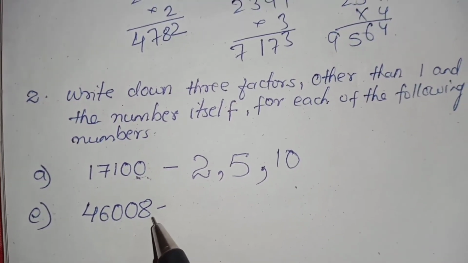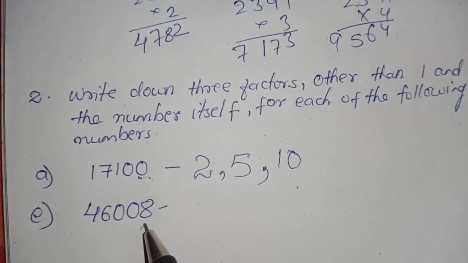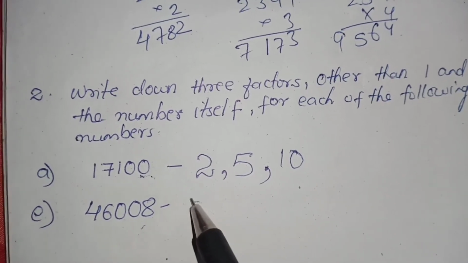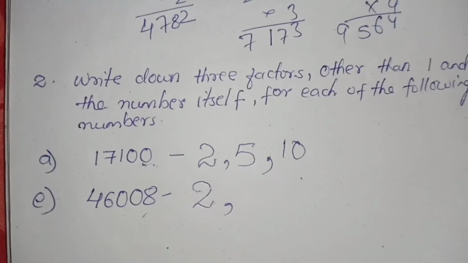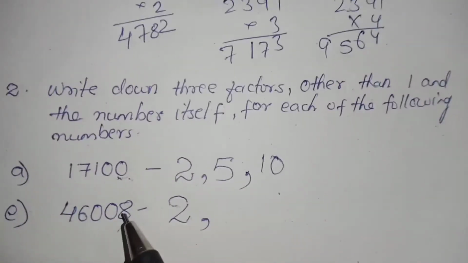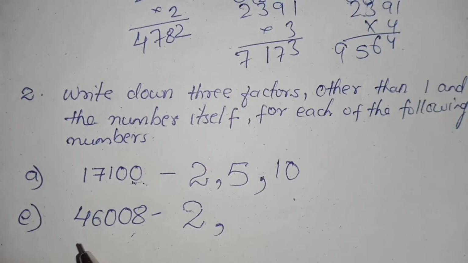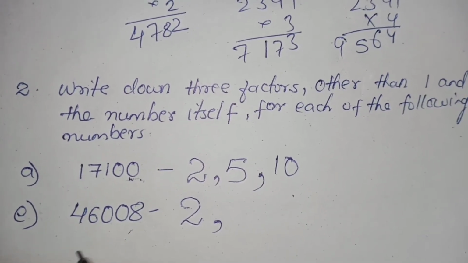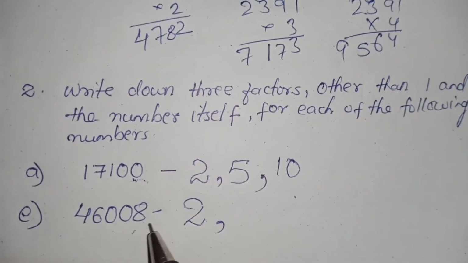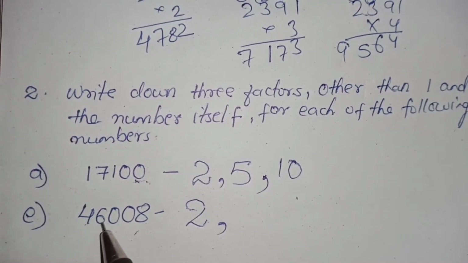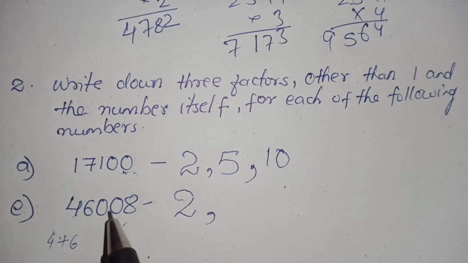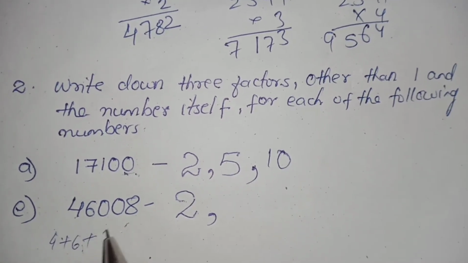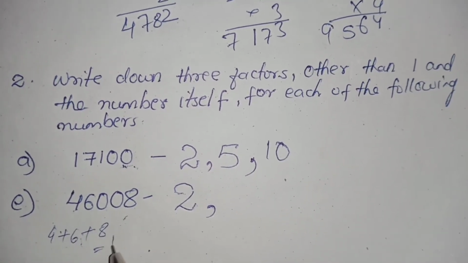You can see the last digit is what? 8. That means this will come in the table of 2. Now let us see, will this come in the table of 3 or not? I have taught you this in my recap about 3 and 5. For 3 you have to add all the digits. 4 plus 6, this is 10, plus 0, plus 0, plus 8, how much will you get? 18.